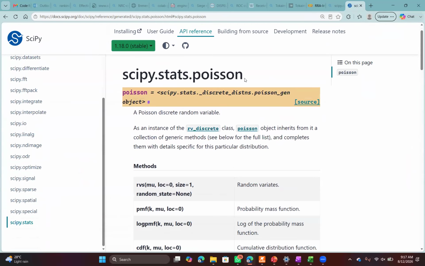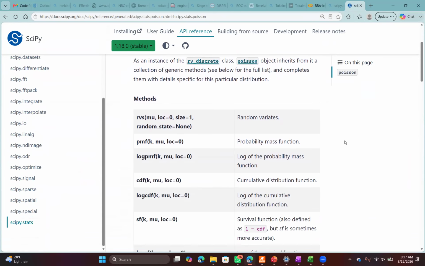Yes, this is from scipy.stats.poisson. And I will look for the probability mass function. So it has 3 parameters, k, mu, and location. So probability mass function, this is the one which is required.